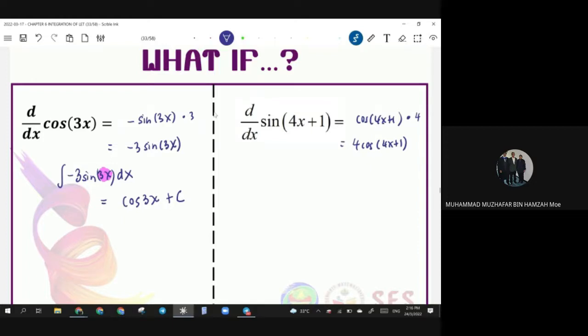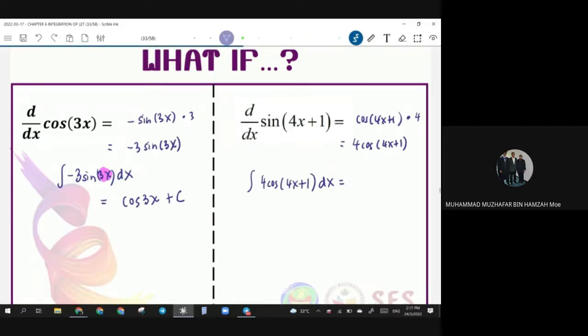So when we integrate 4 cos 4x plus 1 dx, we go the other way around.